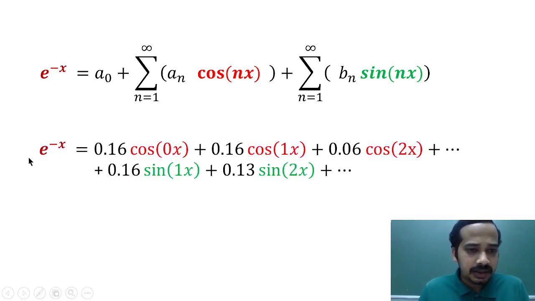And e power minus x can be written as 0.16 into cos 0x, this is a naught, 0.16 into cos 1x, that is a1, 0.06 into cos 2x plus and so on. This is a summation, it contains infinitely many terms. I have written only 3 terms. Similarly I have written 2 terms in the case of the sin nx part: 0.16 into sin 1x, 0.13 into sin 2x, and so on.